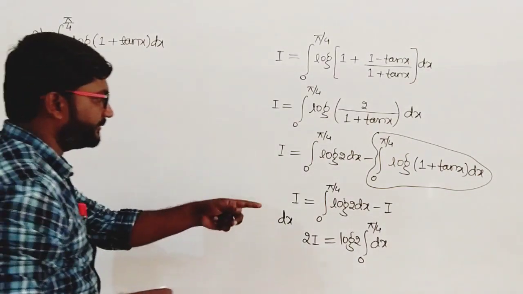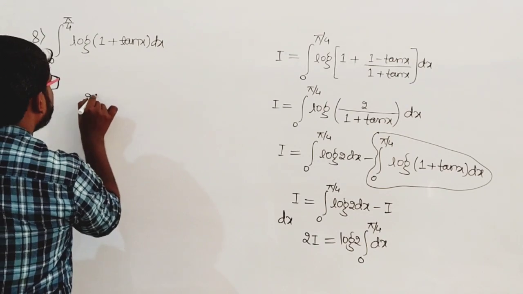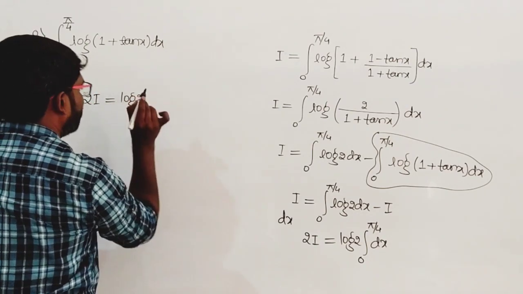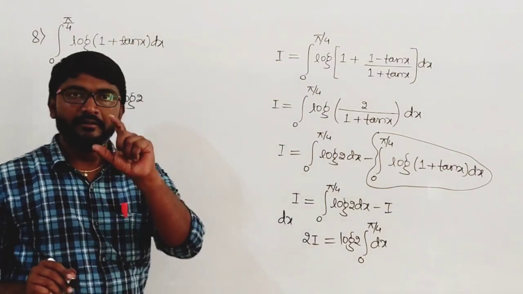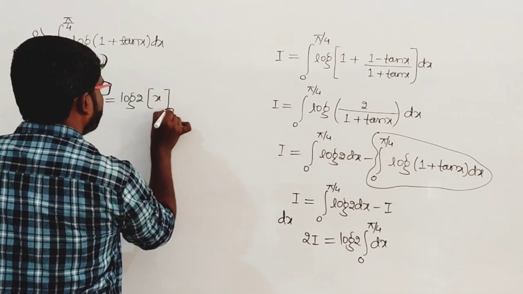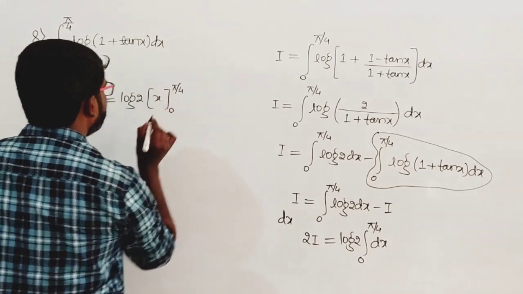Well, let us continue with the next step. 2I is equal to log 2, I will be writing it outside. Then integration of dx will be x. So it is x. Then apply the limit 0 to pi by 4.